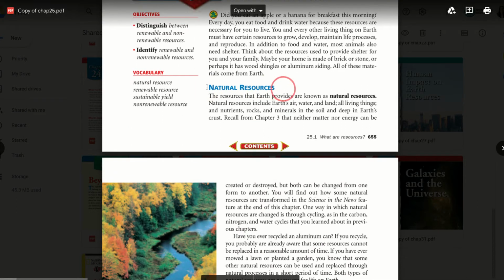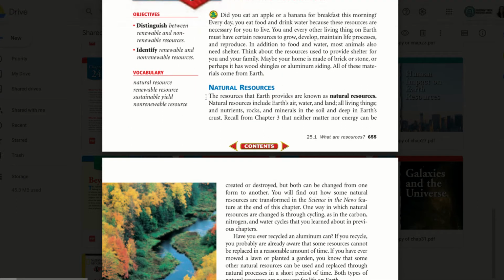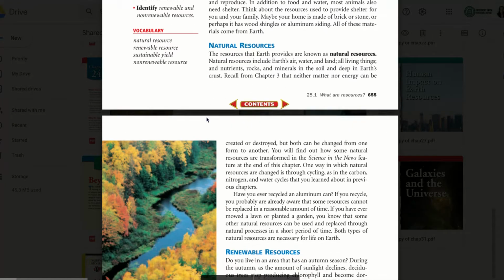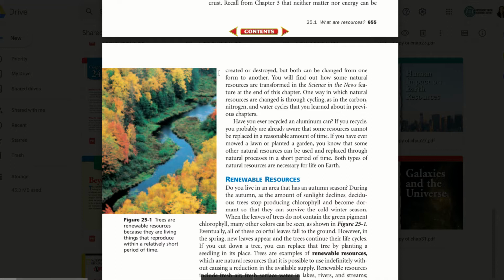Natural resources. The resources that Earth provides are known as natural resources. Natural resources include Earth's air, water, and land, all living things and nutrients, and rocks and minerals in the soil and deep in Earth's crust. Recall from chapter 3 that neither matter nor energy can be created or destroyed, but both can be changed from one form to another.